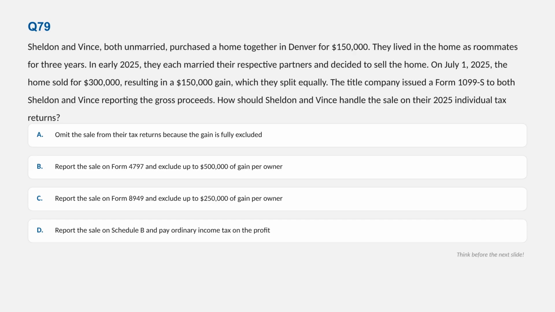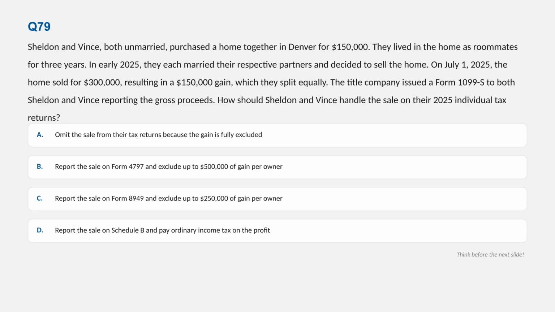On July 1st, 2025, the home sold for $300,000, resulting in a $150,000 gain, which they split equally. The title company issued a Form 1099-S to both Sheldon and Vince reporting the gross proceeds. How should Sheldon and Vince handle the sale on their 2025 individual tax returns?